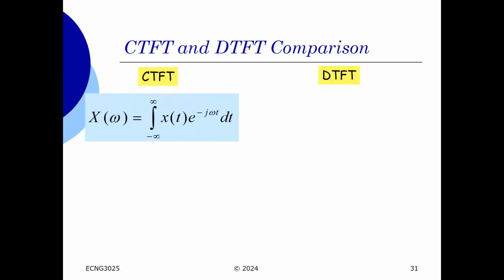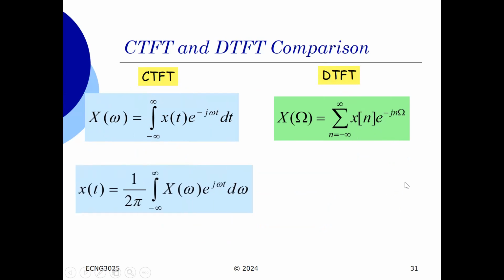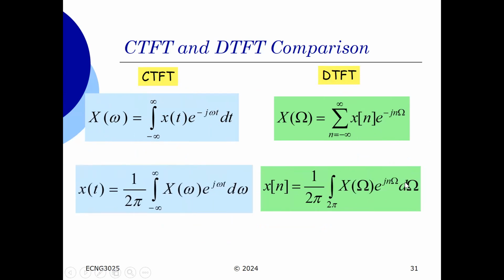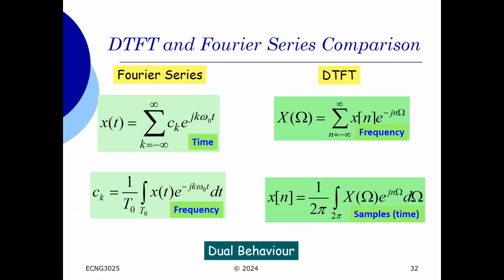And just to look at some comparisons here. The continuous time Fourier transform, this is the discrete time transform here, the inverse. So kind of similar up to a point.